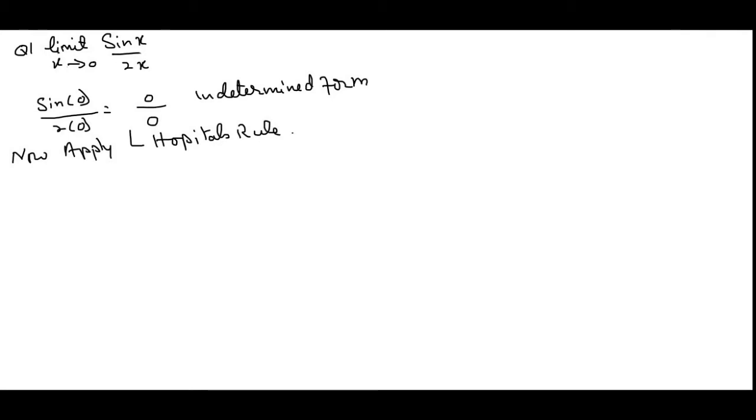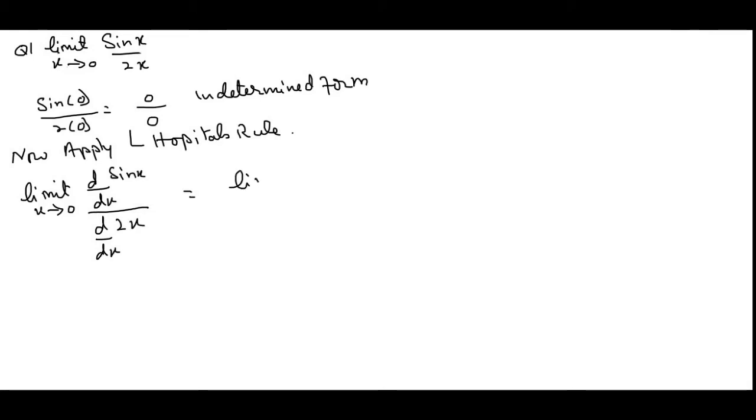So differentiating numerator and denominator separately. Limit x approaches to 0, d by dx of sin x over d by dx of 2x.